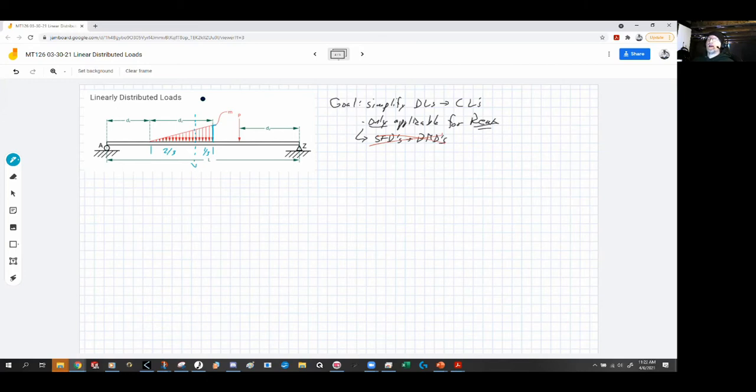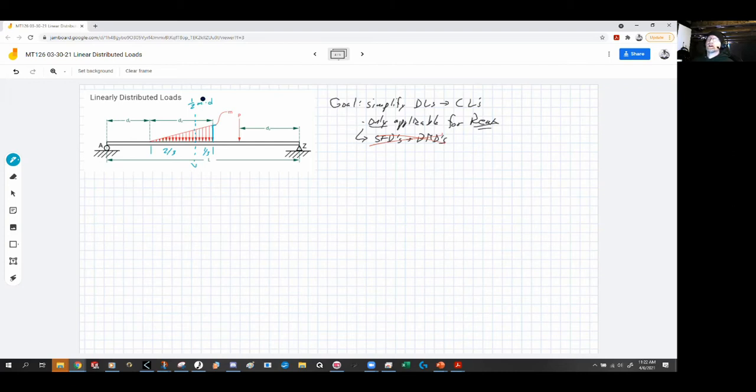Well, I've got M here and D2 here. I have M as the highest amount of the distributed load, and it starts at 0. So the average is half of that. So it's basically the formula for a triangle: 1/2 M times D, or distance.